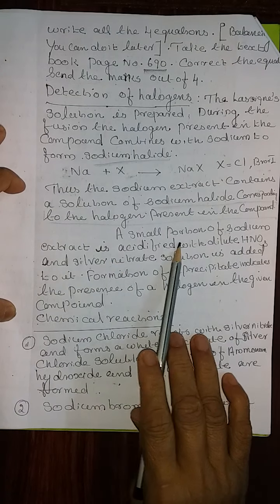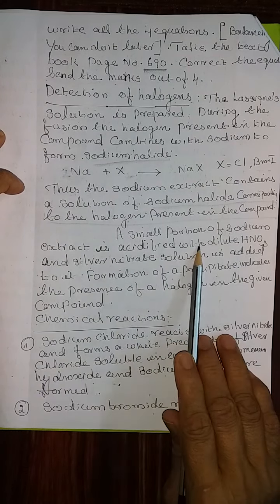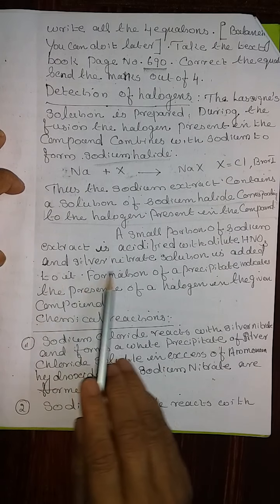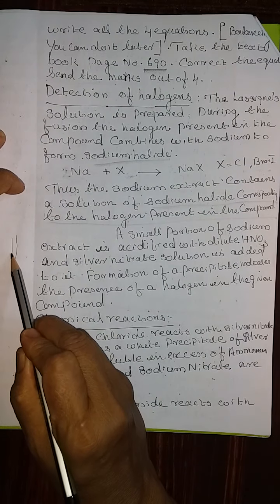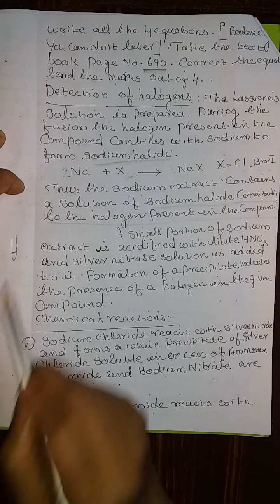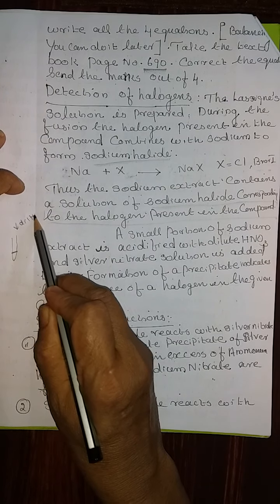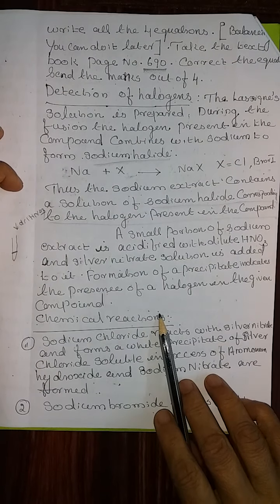A small portion of the sodium extract is acidified with dilute nitric acid and then silver nitrate solution is added. In a test tube, take the Lassaigne solution and first add dilute nitric acid to acidify, because it may contain a lot of sodium hydroxide.